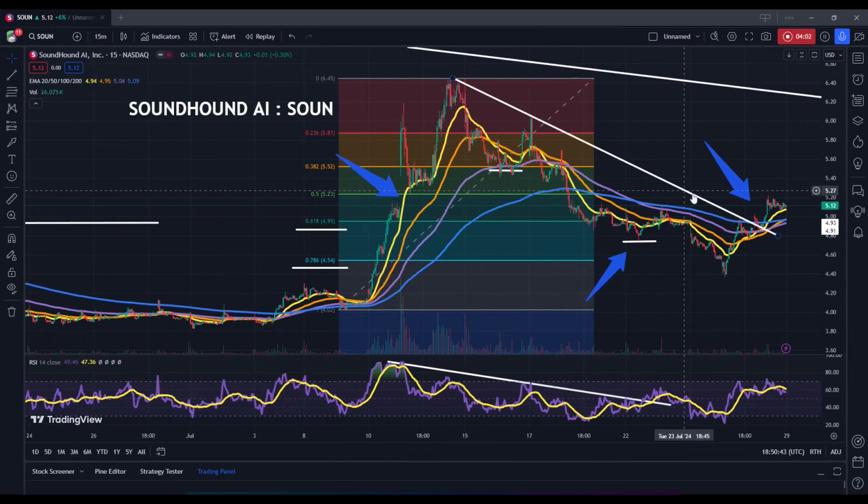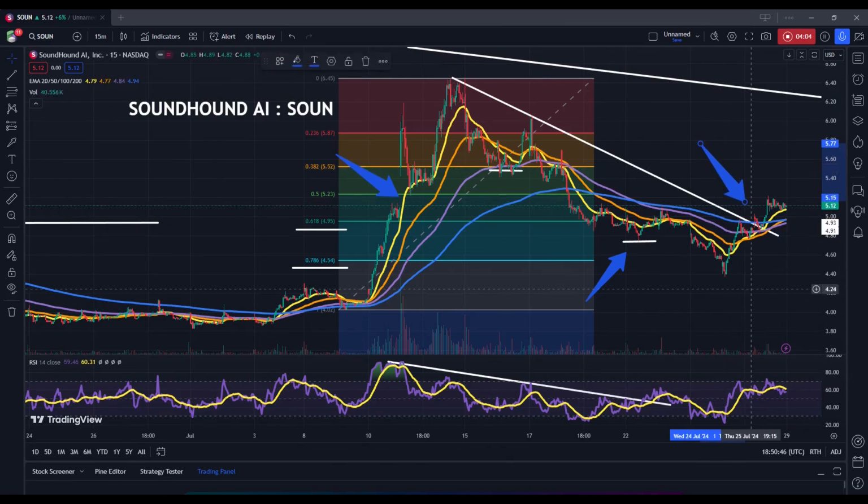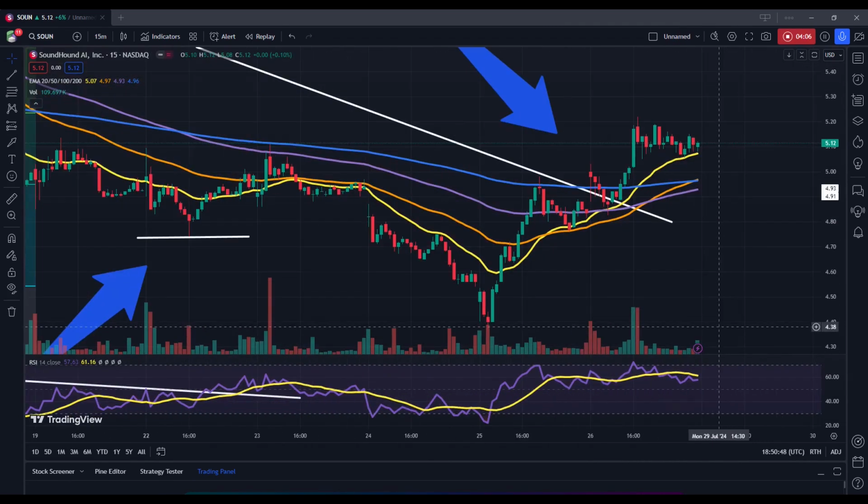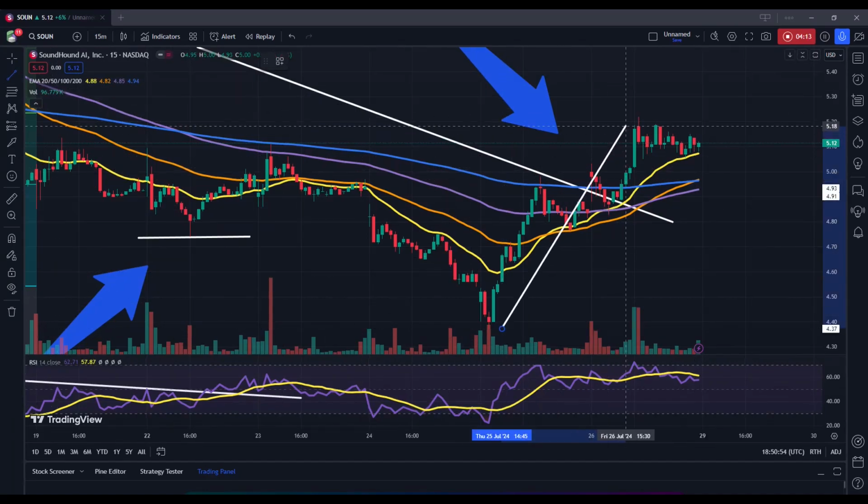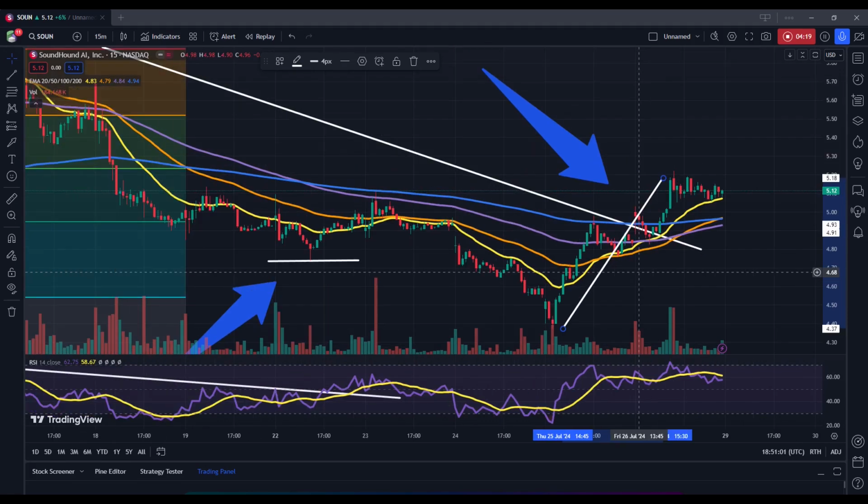In particular, we can point to this downtrend line that has been broken. If we move in here, we can see that the share price did move higher and broke through all four of its major exponential moving averages in the process. This is a significant break higher.